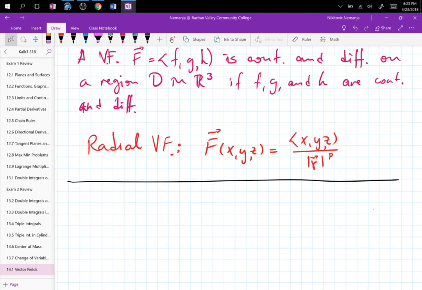And now we are going to talk about gradient fields and potential function.